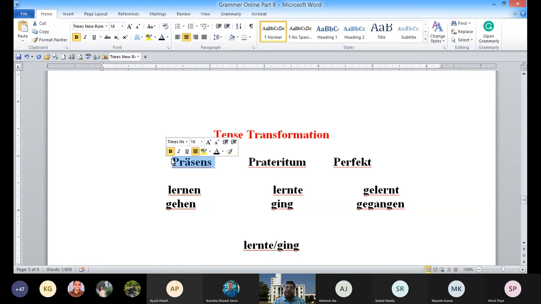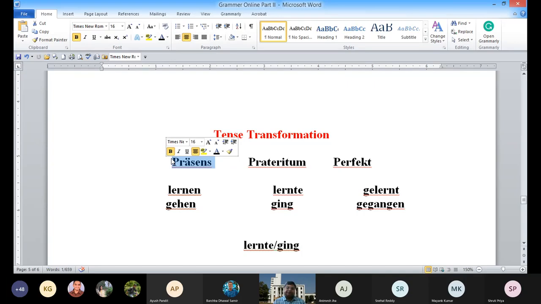Let me quickly give you the formation of sentences in past tense and perfect tense. But before that, as you have learned in English, three forms of the verb: first, second, third. The infinitive form is called to, like to go, to eat, to learn, to sleep, to fight, to quarrel, whatever.